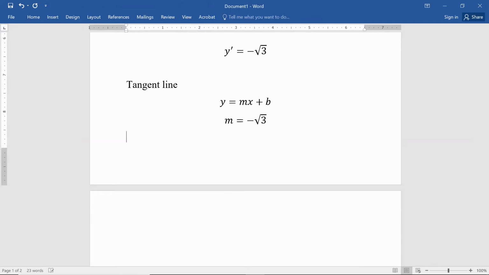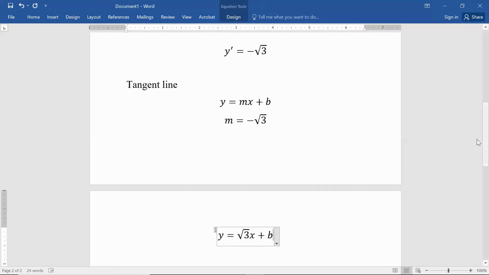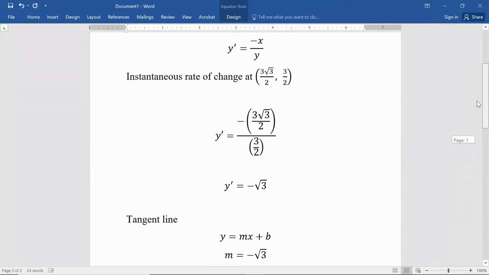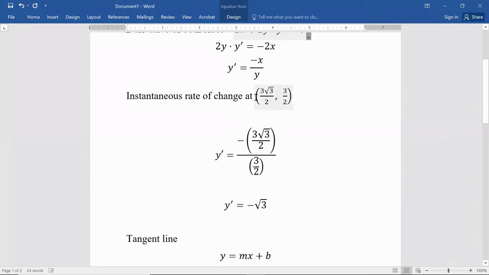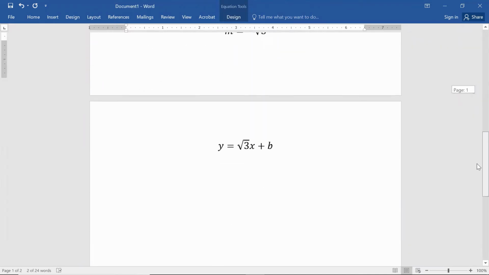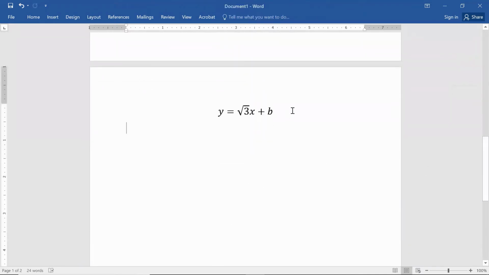So my tangent line is going to be of the form y equals negative square root of 3 times x plus b. The way I find b is I plug in the values for this point here into my x and y. So the 3 root 3 over 2, that is going to be plugged in for my x.